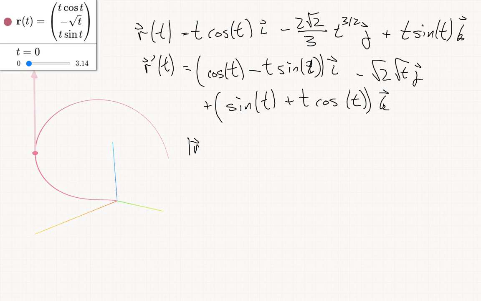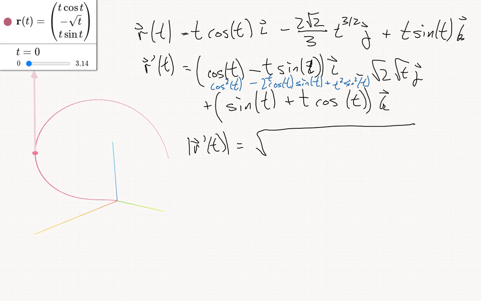Now to find the magnitude, this will be the square root of, and we hope that when we square these, there'll be some simplification. So this will be cos squared t minus 2t cos t sine t plus t squared sine squared t. And then when we do that to this term, we get sine squared t plus t squared cos squared t, plus 2t cos t sine t, which cancels out the other cross term.